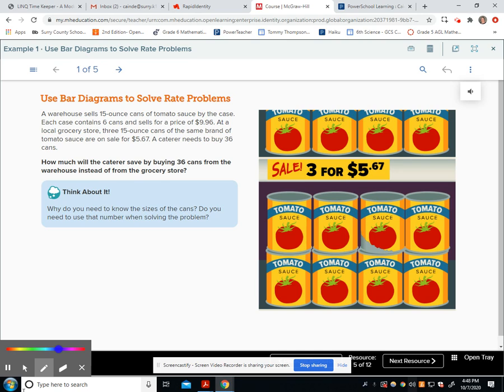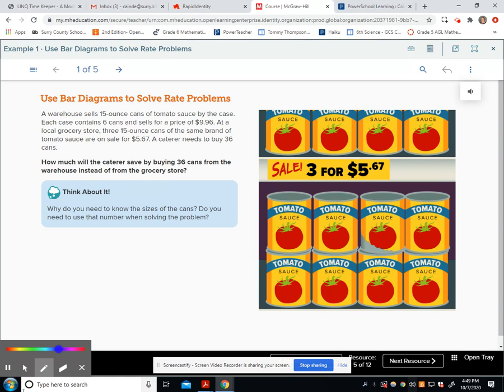At a local grocery store, 3 15-ounce cans of the same brand of tomato sauce are on sale for $5.67. A caterer needs to buy 36 cans. How much will the caterer save by buying 36 cans from the warehouse instead of from the grocery store?